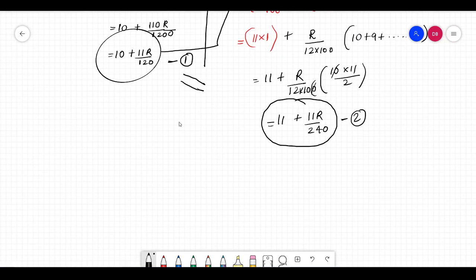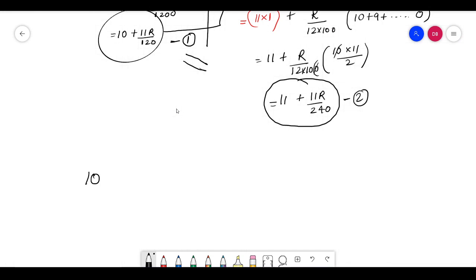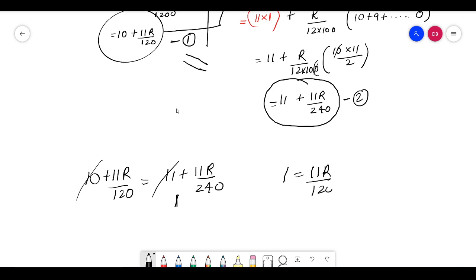So let's equate both the equations, which is 10 plus 11r by 120 is equal to 11 plus 11r by 240, isn't it? And if you do that, we'll have 1 here. So 1 is equal to 11r by 120 minus 11r by 240, right? So when you do that, you get what?